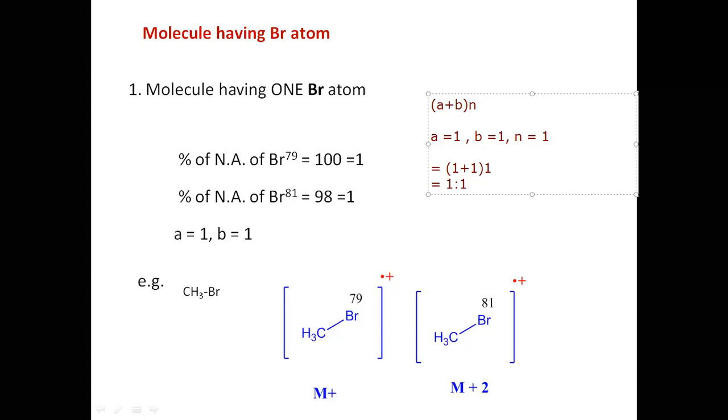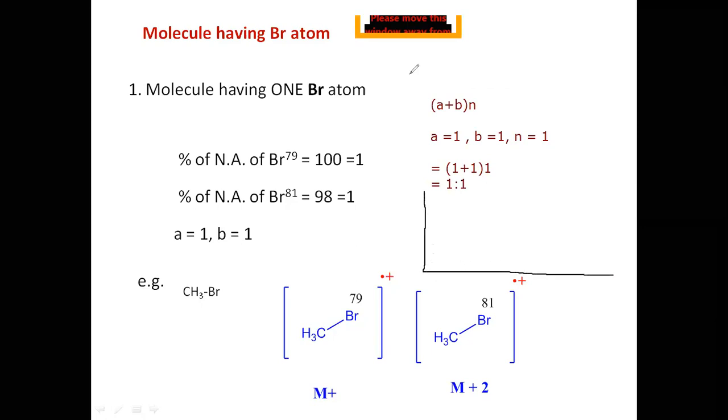Means both the peaks will be of equal ratio or with equal intensity. If we want to draw the mass spectrum, you just write like this and show the intensity peak ratio of equal intensity.